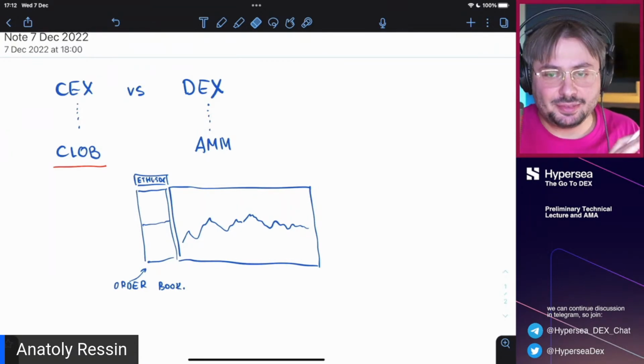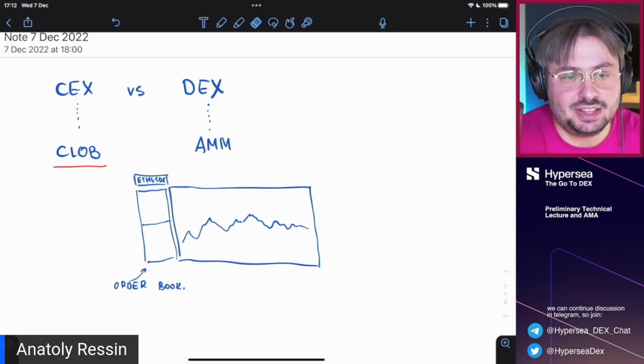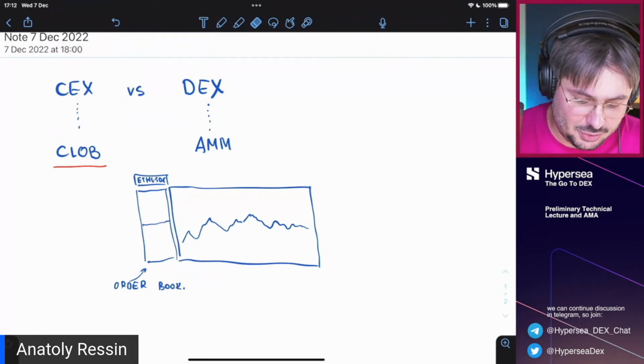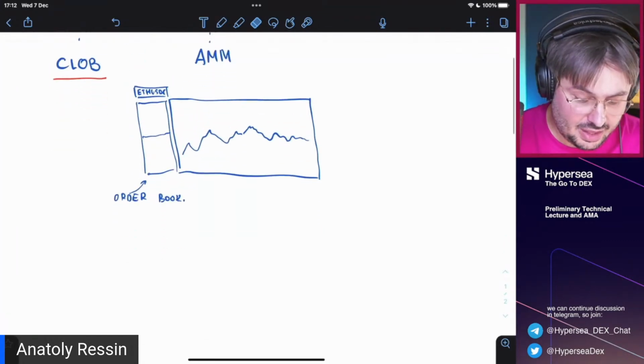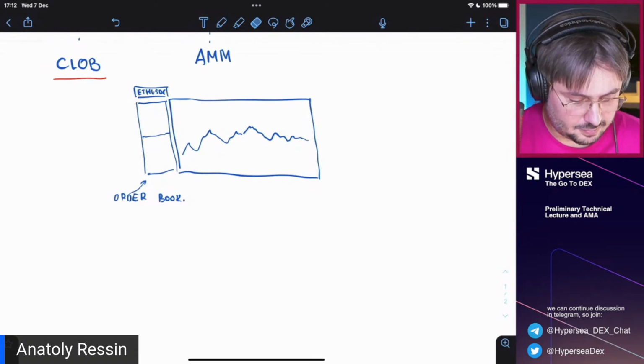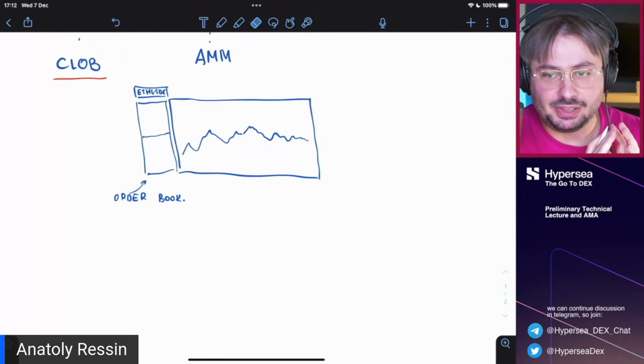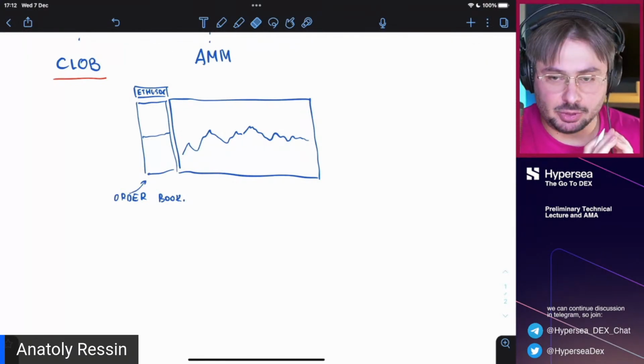Actually, there are more types of users, but we need to spot two of them. The first are people who are able to wait.